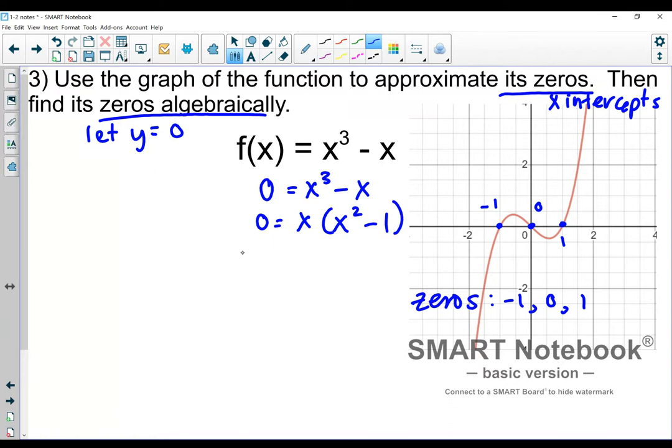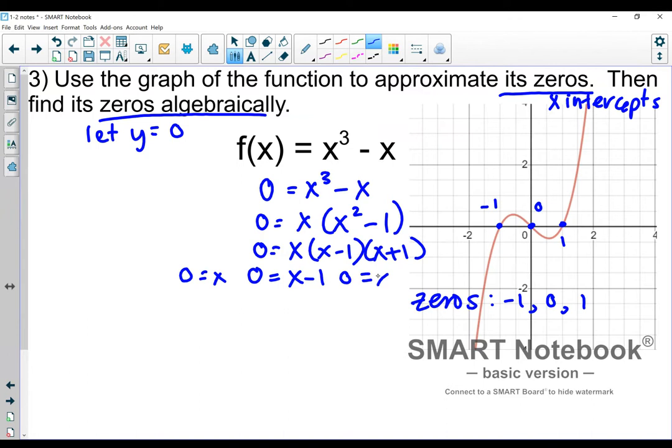X squared minus 1 is difference of squares. I can keep factoring. I don't have a lot of space here. And then I need to solve. So either 0 equals x, or 0 equals x minus 1, or 0 equals x plus 1. Remember, we still have to write out all those steps, but we don't have to show the adding and subtracting. And so I have just proven I get 0, 1, -1.